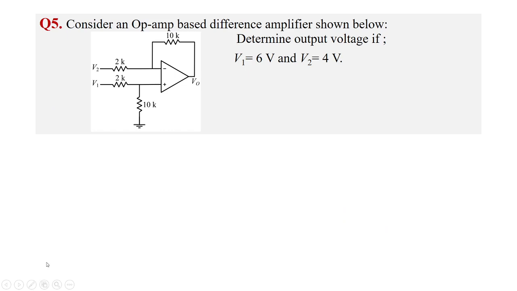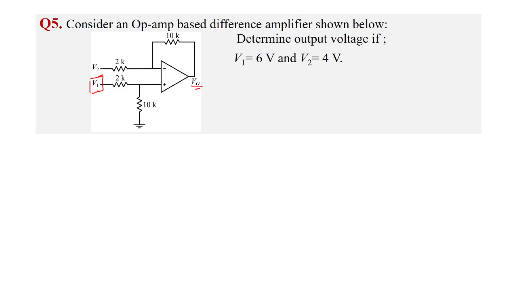So the best method is to find the voltage V0 due to V1 and V2 separately, that is by the superposition theorem, and just add them. For example, first I will consider the voltage V1 and find V0 due to V1.